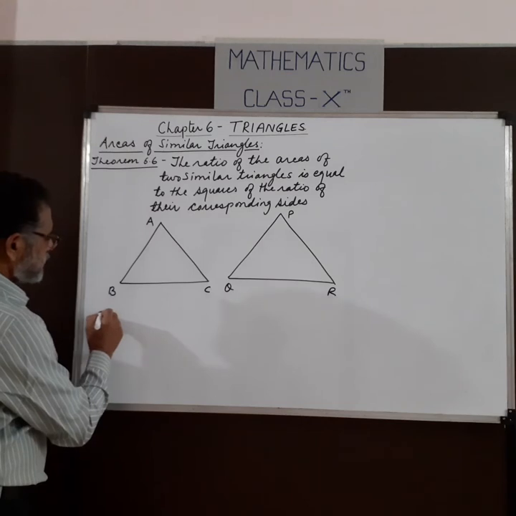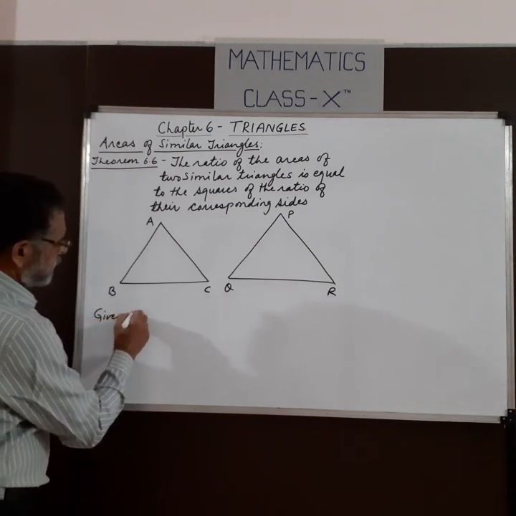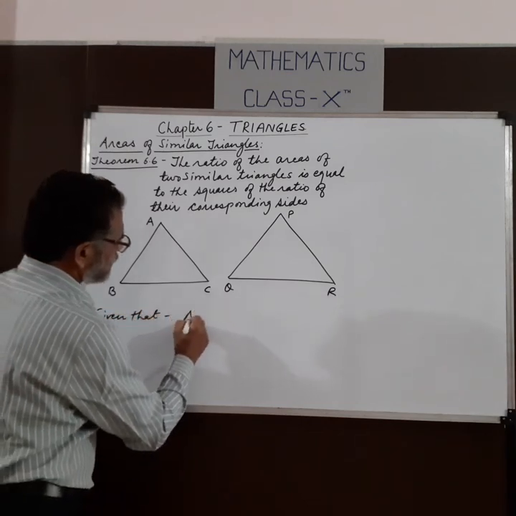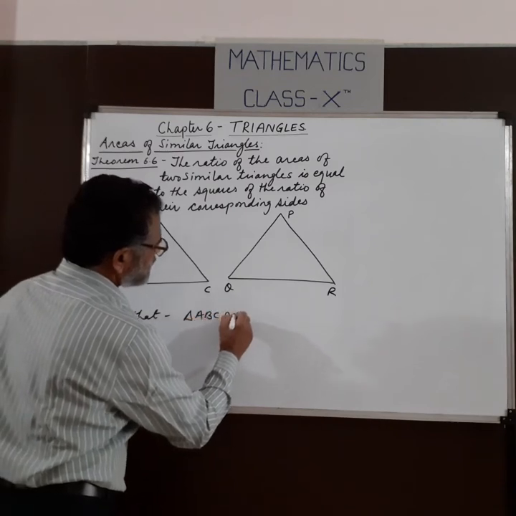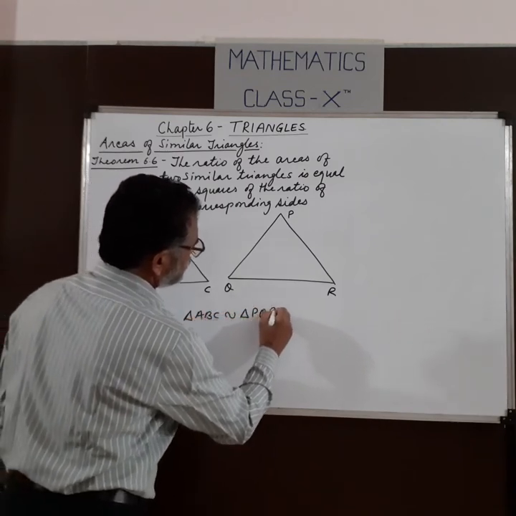Now, what is given? Given that triangle ABC is similar to triangle PQR.